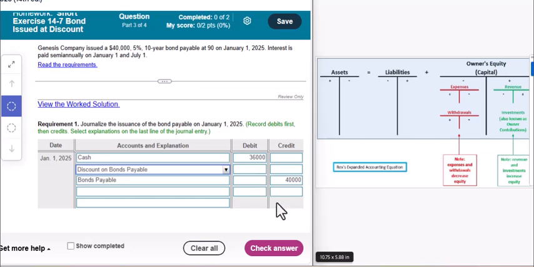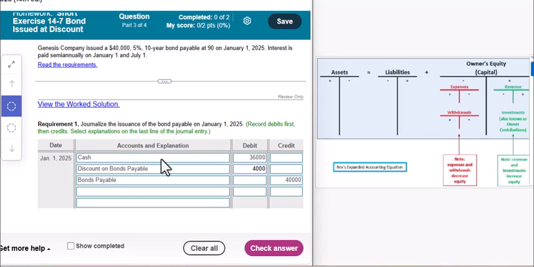So now to get the balancing amount, we'll go ahead and subtract the 36,000 from the 40,000 and go ahead and debit that amount here for $4,000. So we're using this account here, discount on bonds payable, because we issued these bonds at a discount. And how do we know we issued them at a discount?